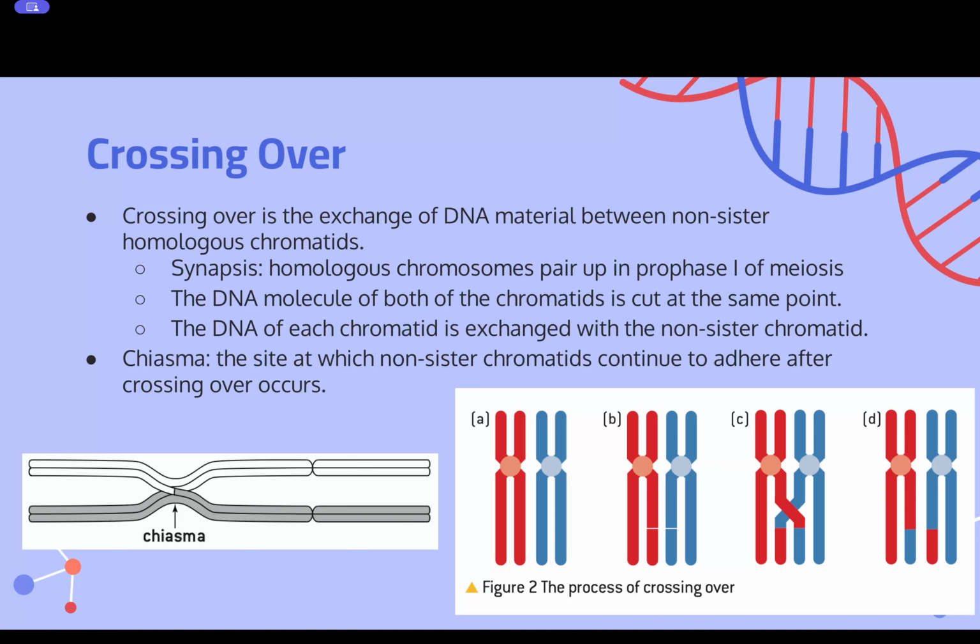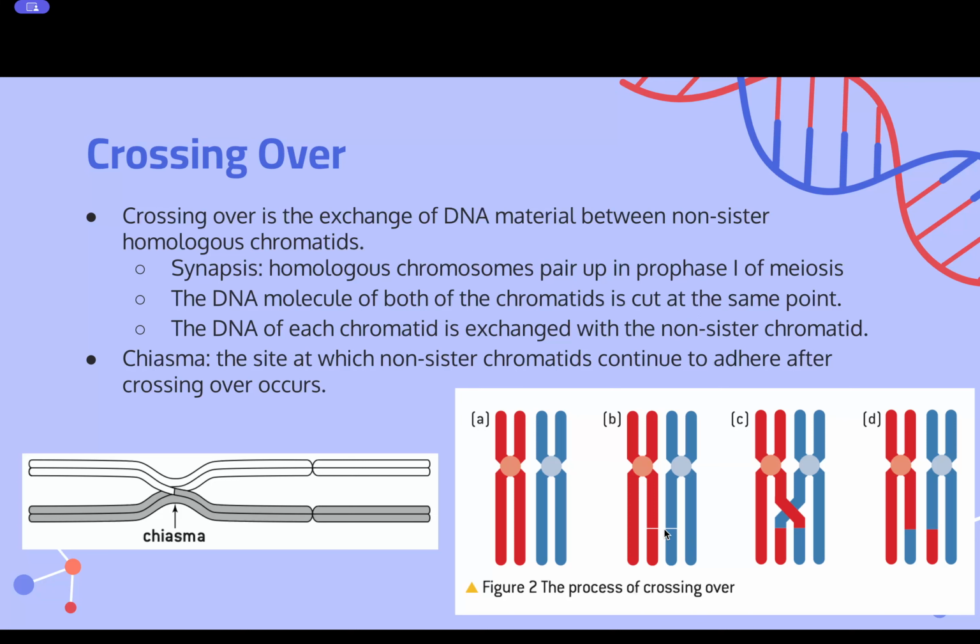So first of all, in synapsis, the homologous chromosomes pair up together in prophase 1 of meiosis. When they pair up, they are wound really tightly, which means that they basically are next to each other. The space that you see between them might not exist. They're that tightly wound together. And then the DNA molecule of the chromatids is cut at the same point.